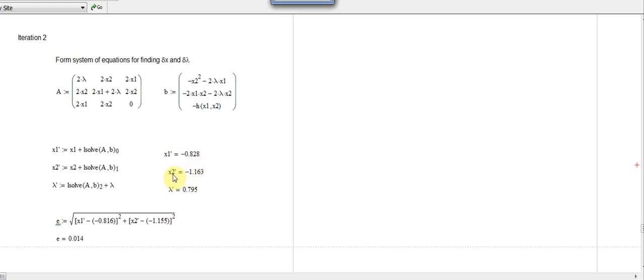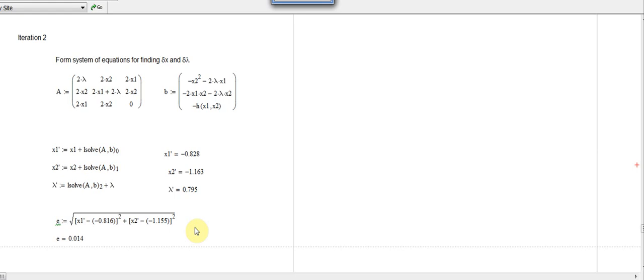And the second variable, the value is minus 1.163. And this is the Lagrange multiplier. Now, this should be compared to these values that represent the true solution. And as you can see, our solution is quite close to the true solution, and the distance is just 0.014, which is pretty good.